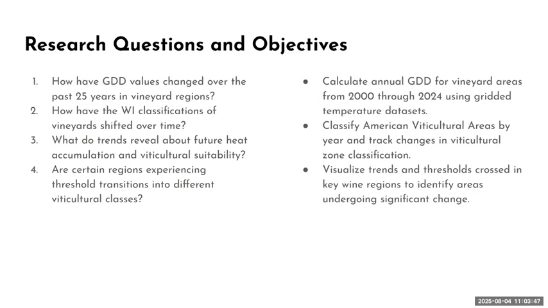These questions will be answered by calculating the annual GDD for vineyard areas from 2000 through 2024 using gridded temperature datasets. It will classify American viticultural areas, or AVAs, by year and track changes in viticultural zone classification. Then it will visualize trends and thresholds crossed in key wine regions to identify areas undergoing significant change.